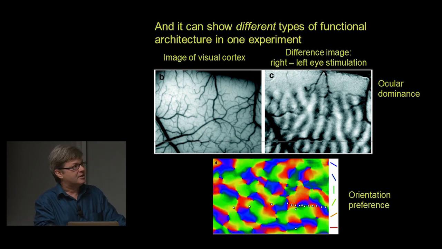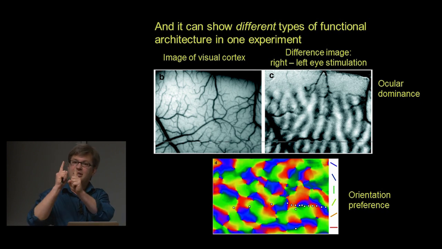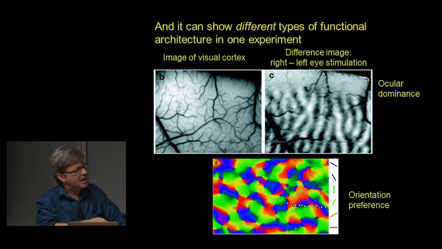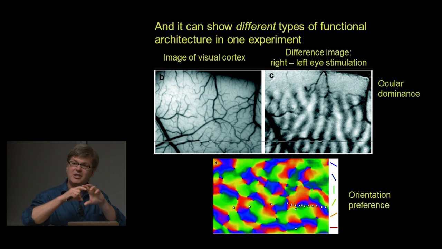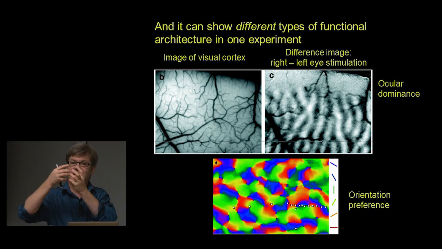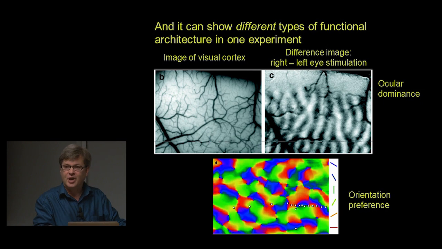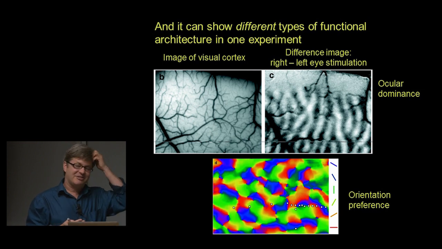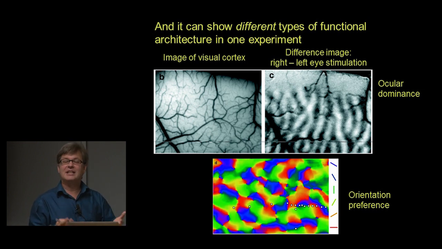And the answer is nature, at least in some species, found the solution of having the different eyes arranged in stripes and having the different orientations arranged in different regions that are tiled in a certain way. So one is extremely orderly and one is much less orderly, and they're superimposed. And that actually was quite important for people's thinking about cortical computation.